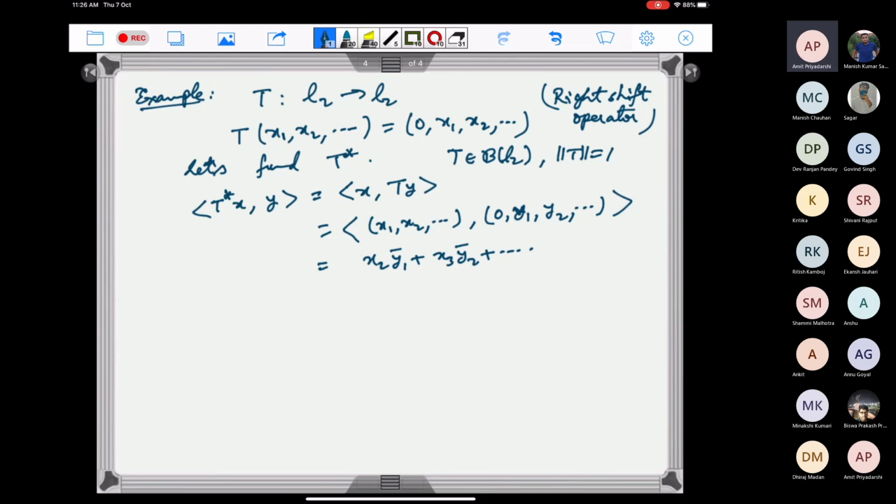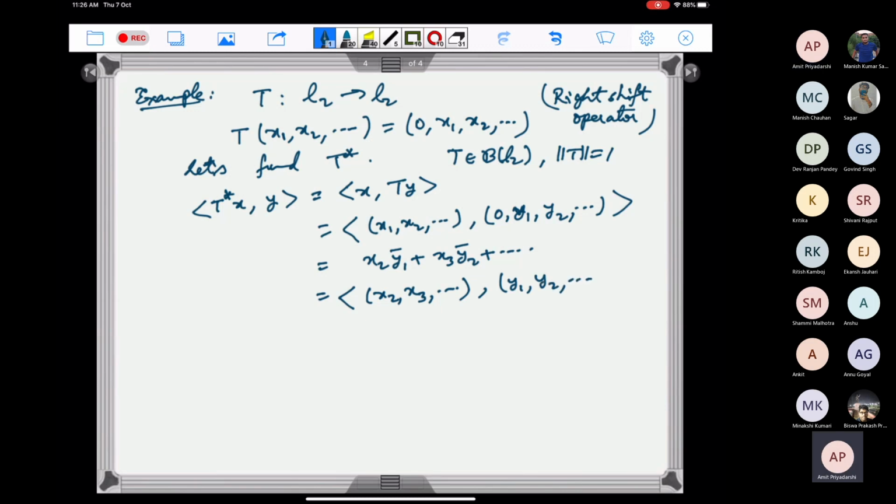So this is nothing but the inner product of x2, x3, and so on with y1, y2, and so on.